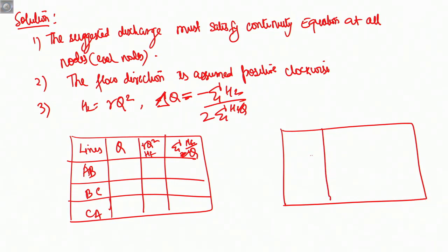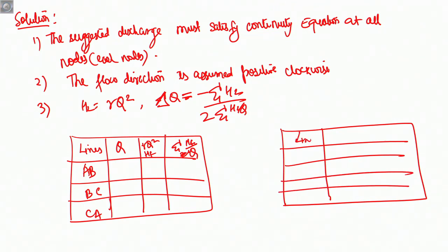Similarly, in the second loop there are 4 lines: BC, CD, DE and EB, and you have to write Q, you have to calculate RQ square and then sigma of RQ square by Q, all right, fine. So this is what you have to calculate.